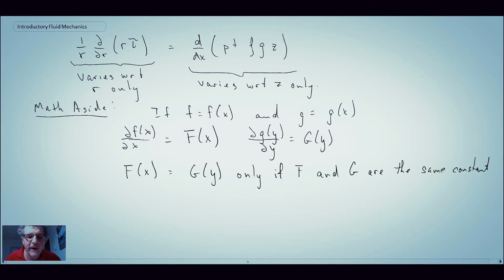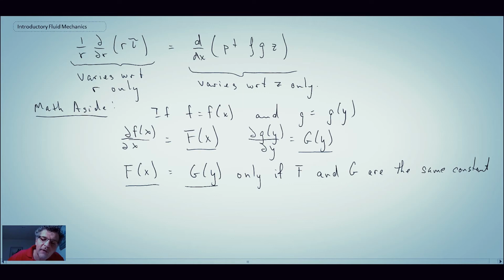Okay, so the mathematical aside here: if we have two functions, f of x and g of y, and we're taking the derivative of those, that gives us some function of x and of y. These functions are equal if and only if they are the same constant.